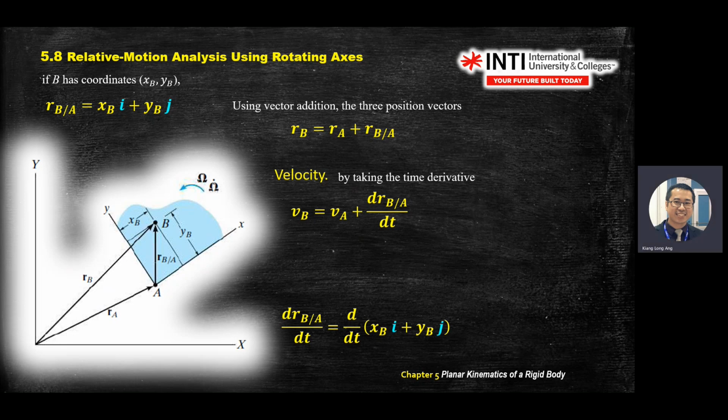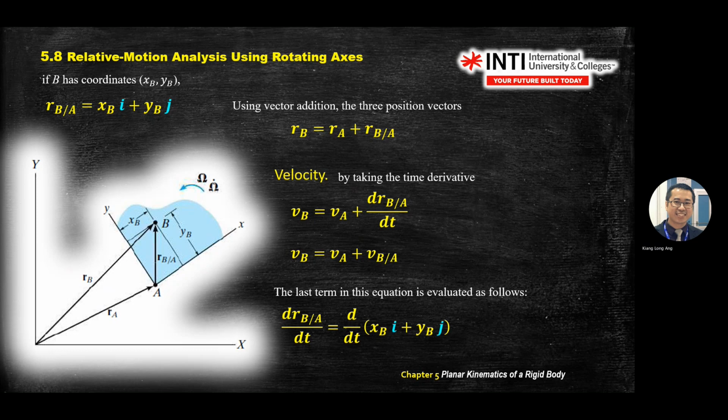You get velocity VB stroke A. We are now focusing on this component first, because this one is more direct. We transfer this one into the bell shape omega. Just now we defined our RB in x and y directions, so we can write RB stroke A, and we pull the bracket here: d/dt of xB i plus yB j.